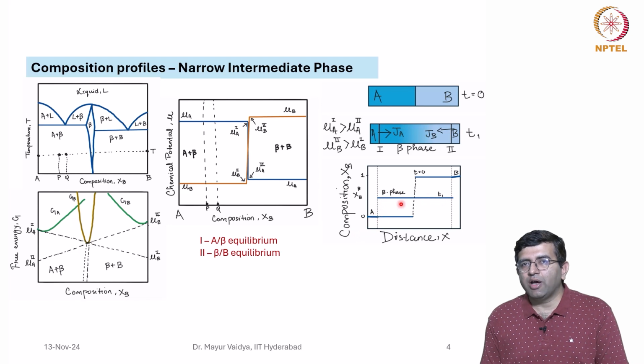So, at T1, you will have an initial region where the composition corresponds to XB equal to 0. Then there is a jump.